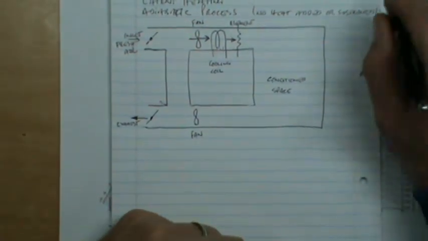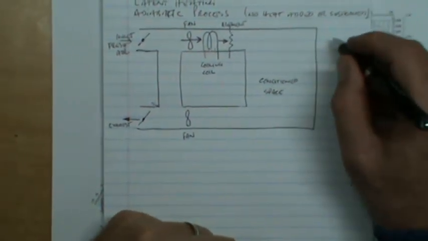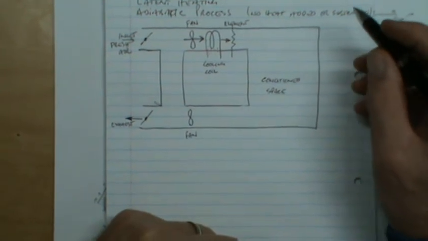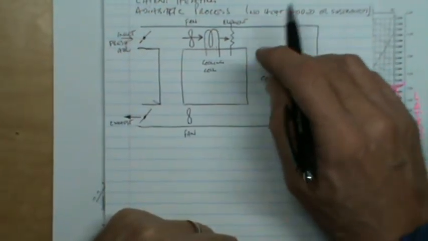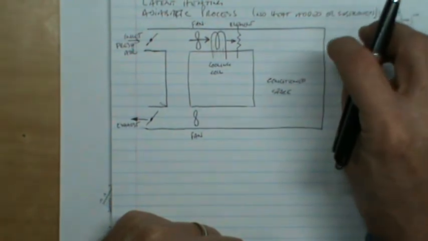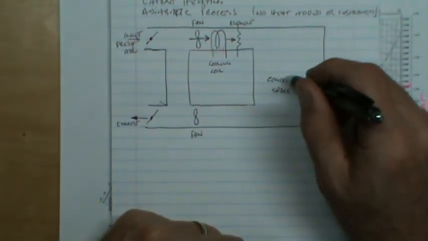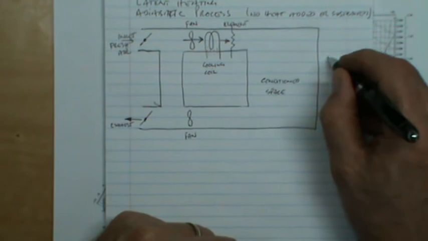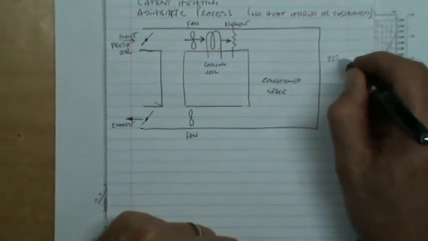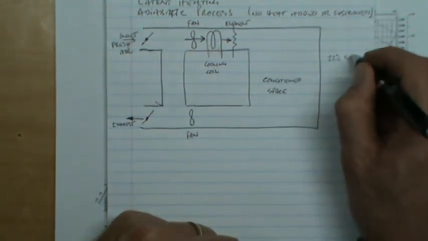Now, an acceptable level in terms of humidity, a good combination of sensible heat and humidity for any conditioned space, is about 22 degrees Celsius and 50% relative humidity.